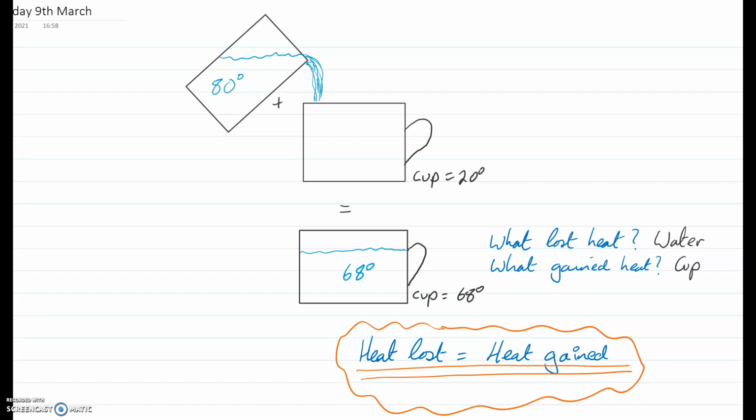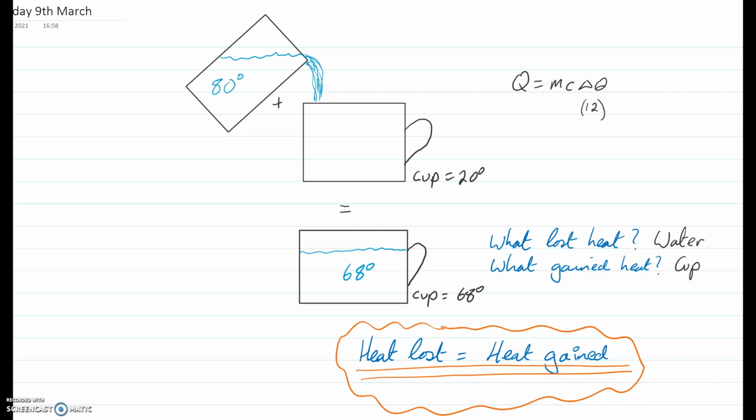Okay? In this case, you had the water cooling down, which lost the heat, and if we knew the mass of the water, we could calculate how much heat energy it lost from the formula Q is equal to mc delta theta. The water went from 80 down to 68 degrees, so it dropped by 12 degrees. So that's our change in temperature.